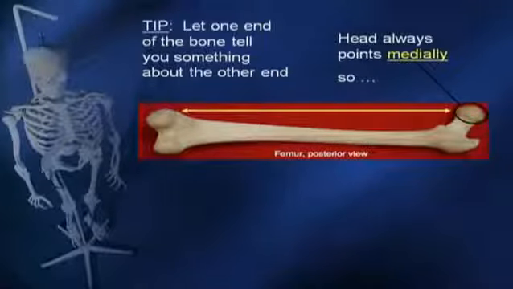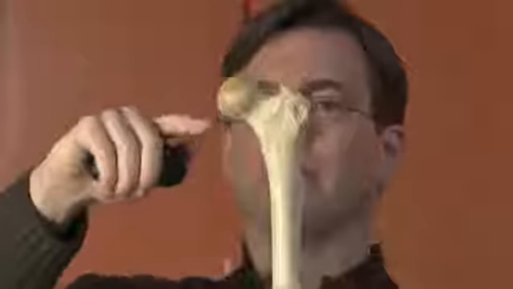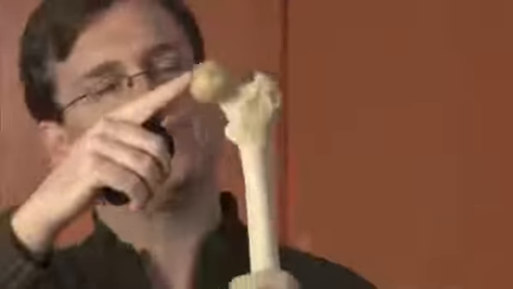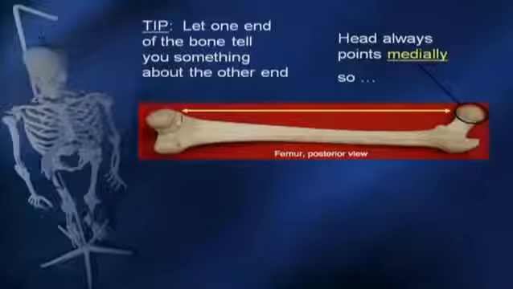So, for example, notice that this portion right over here is referred to as the head. I'll hold up the same example right over here. This is the head of the femur, and this is going to form a ball and socket joint in the hip. But actually, if I look at the head of this femur, it tells me the name of this structure way down here at the other end.